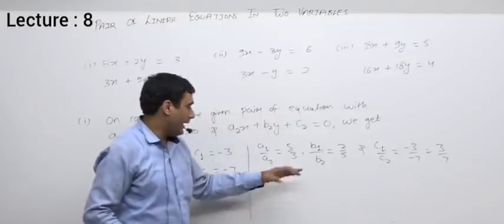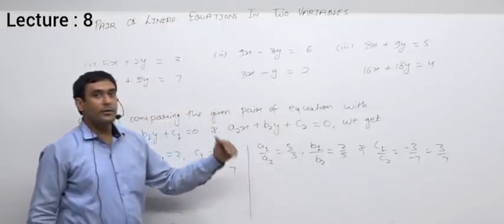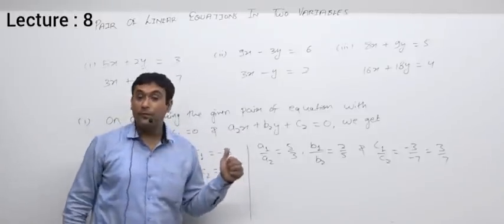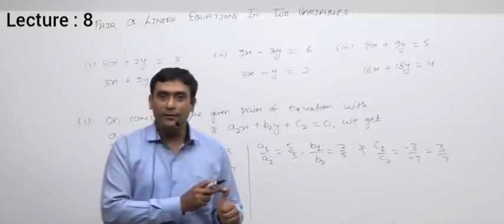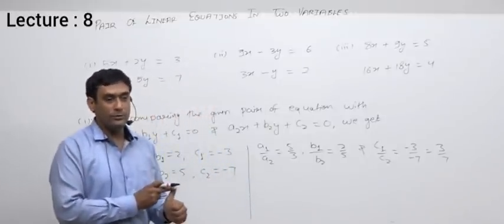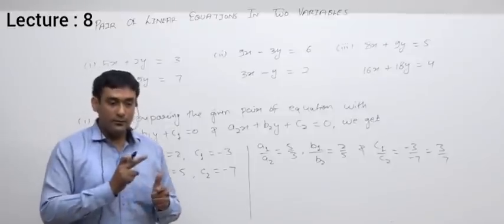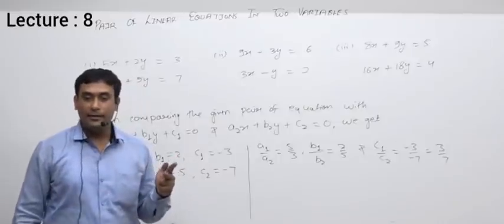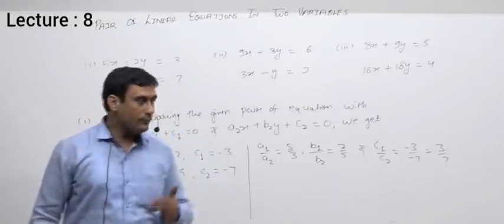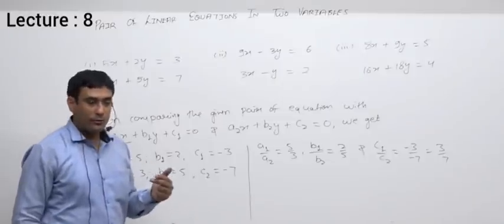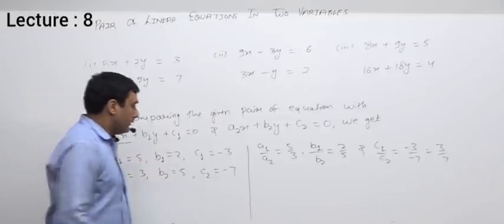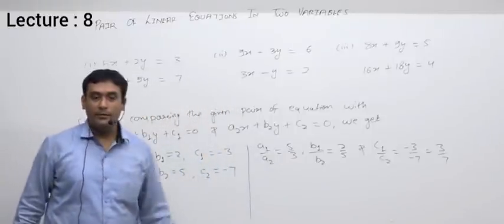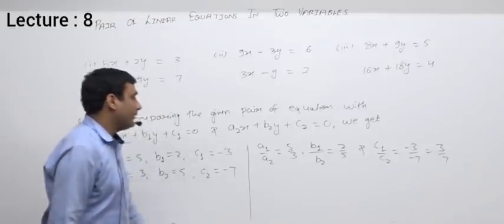Here simply we can say, as a1 upon a2 is not equal to b1 upon b2, it means what? It has 4 interpretations. It means we have a unique solution. Then it means we have a consistent pair of equations, as well as, in terms of set theory, a singleton set. And the fourth one, what was that? Intersecting lines. Okay, so intersecting lines, consistent, unique solution, and singleton set.